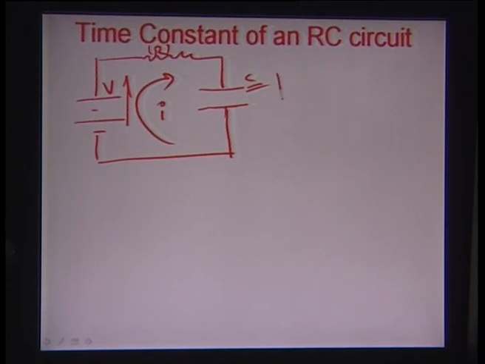So V essentially is also equal to, by Kirchhoff's law, IR plus the voltage across the capacitance, which is Q, the charge, and let's write small q here in the interest of clarity, divided by the capacitance C. That is what the voltage drop is across the capacitor, and there is a drop across the resistor, and together these drops are the same as the voltage which is provided, in the interest of conservation of energy.